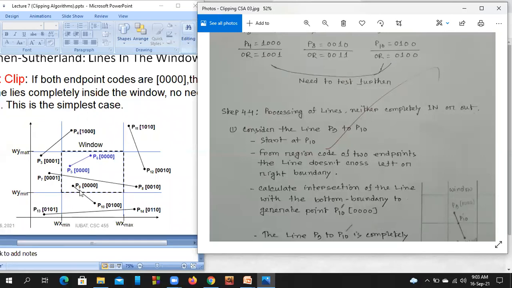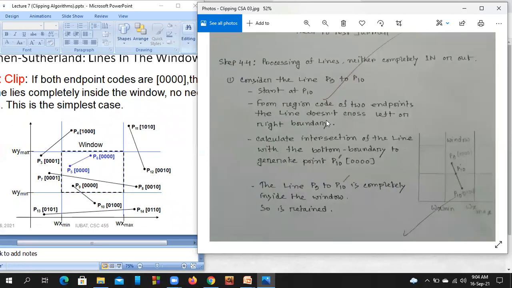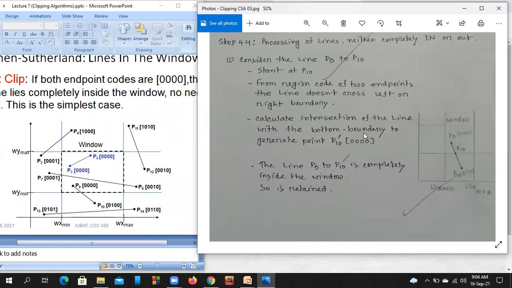So P9 and P10 prime both have the region code 0000, so we can understand that they are completely inside the window now. That part is retained, and the remaining part is cropped. So that is for this line.